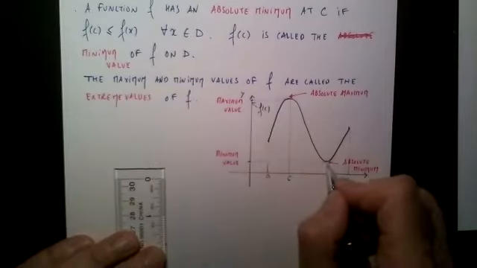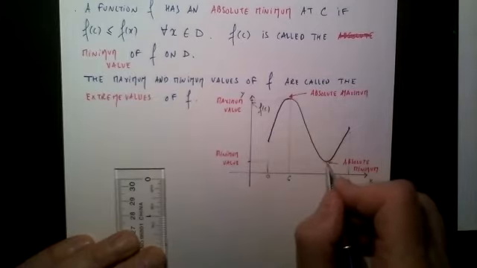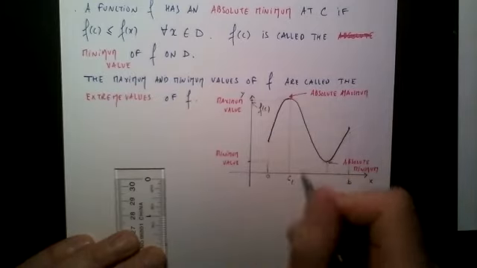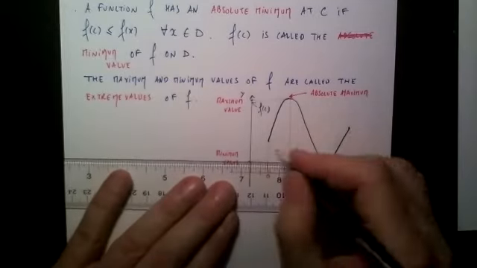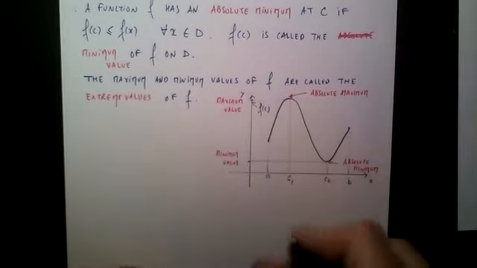Same here. I should have called it another letter, another value. Let's call this C1, F of C1, and let's call this C2, and this is F of C2. Do you understand?